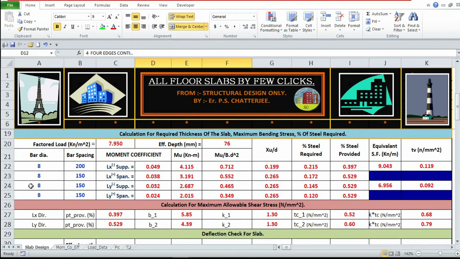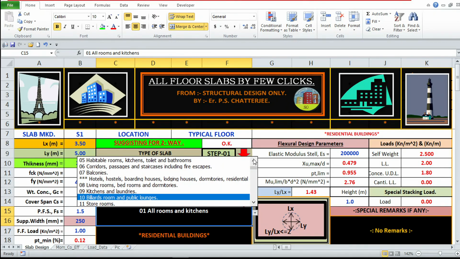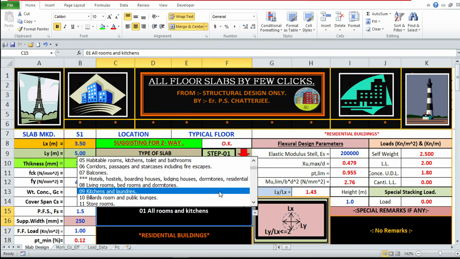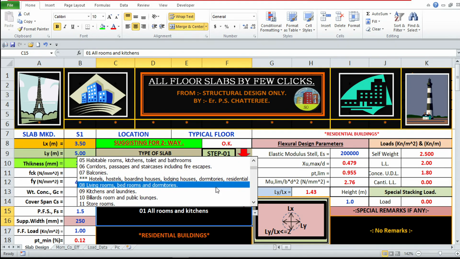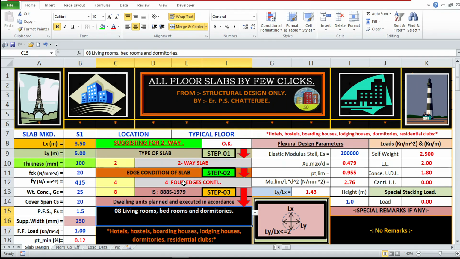When we were analyzing the one-way slab, this was not visible, but now it is visible. Say we are considering hotel, hostel, boarding, etc., living room, bedroom, and dormitories. According to the load, they are almost the same.